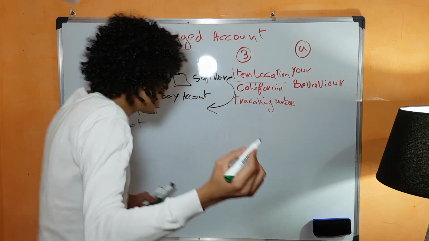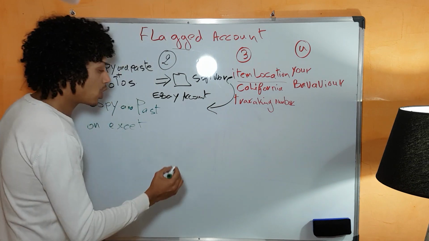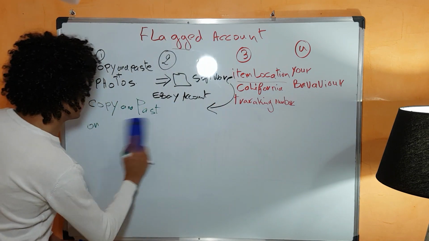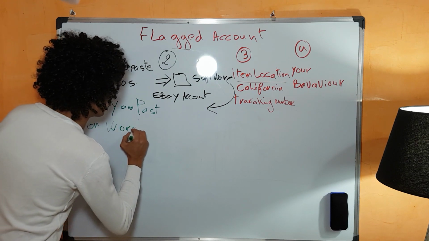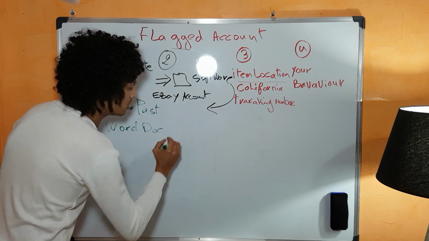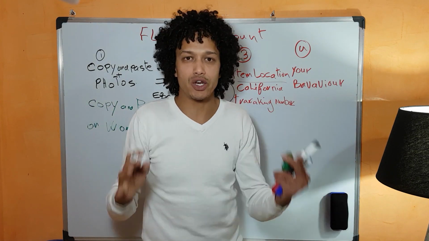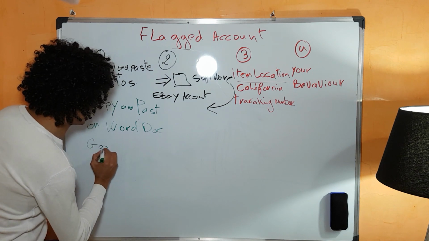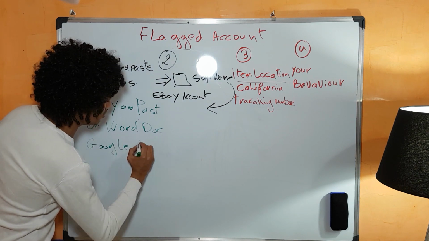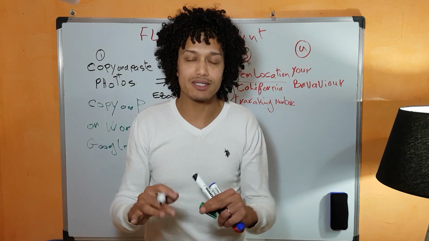Simple. Or if you don't have an Excel sheet, a Word document. If you've got a Word document, you can do it. Otherwise, you go to Google Docs. Alright? So use those.